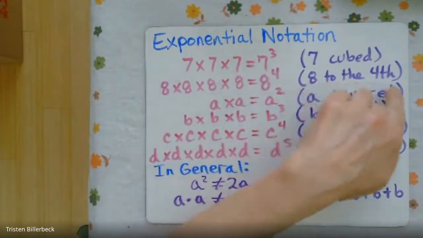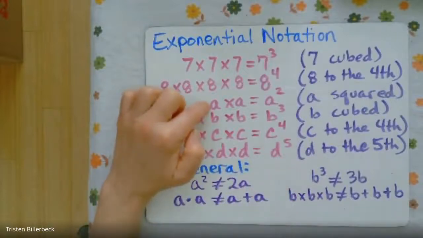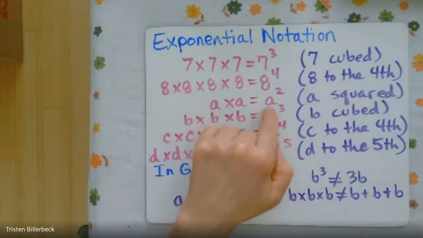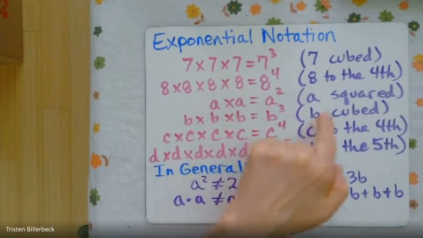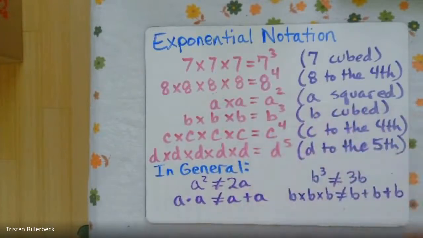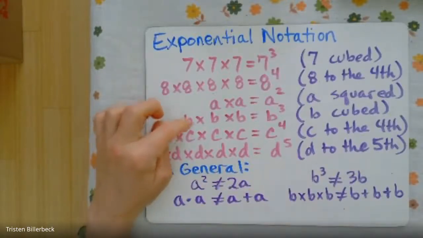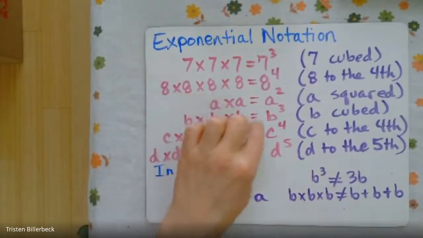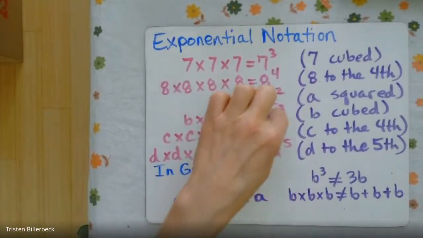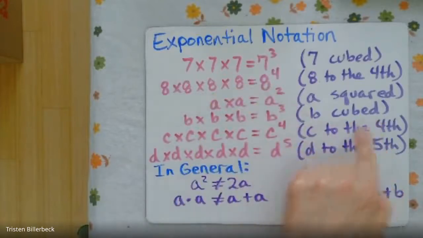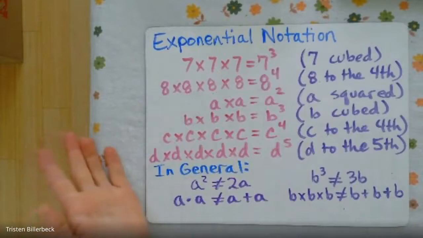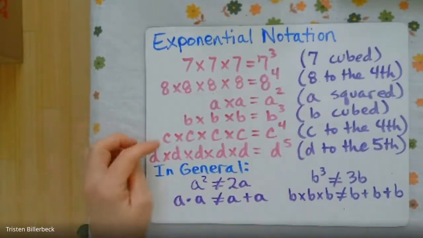If I had a times a, that equals a squared. So when we have a 2, we don't say a to the 2, we say a squared. When we have b times b times b equals b cubed. So we don't say b to the third, we say b cubed.